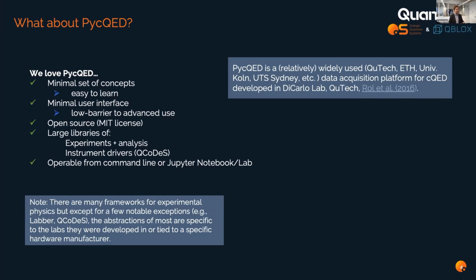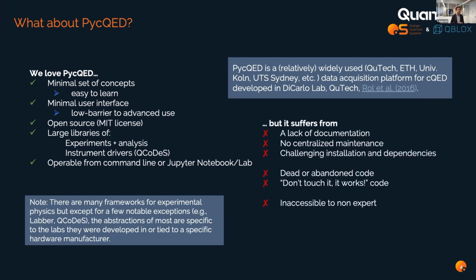It's really open source and has a very extensive library, so lots of experiments. With the exception of a few notable exceptions, like Labber and QCoDeS, there's not really that much that's targeting this niche of experimental physics. So I really commend the organizers for creating this session on this subject and having a talk about it.